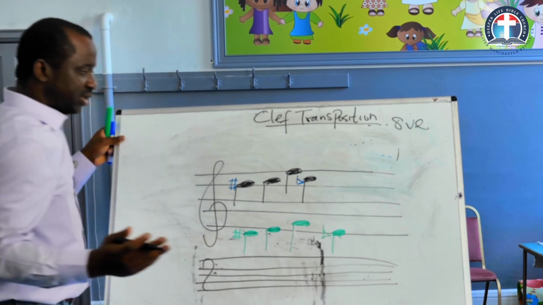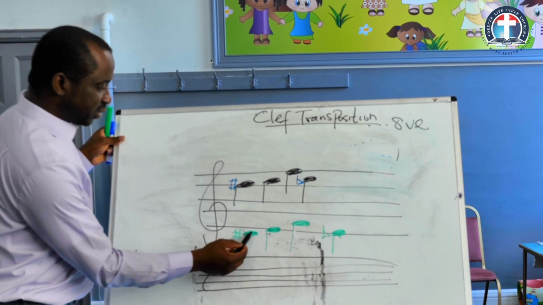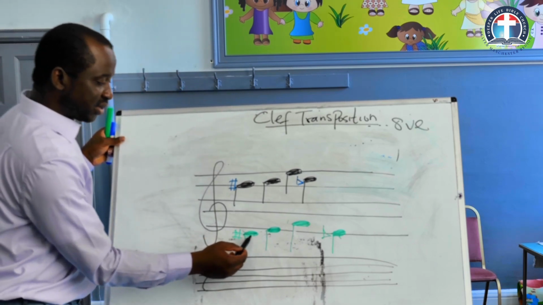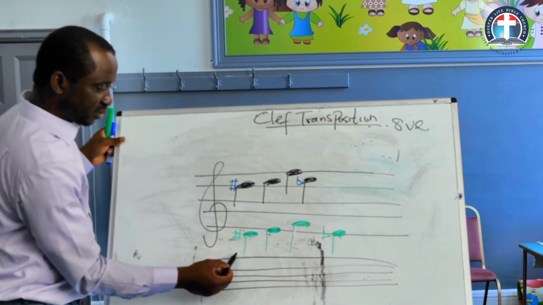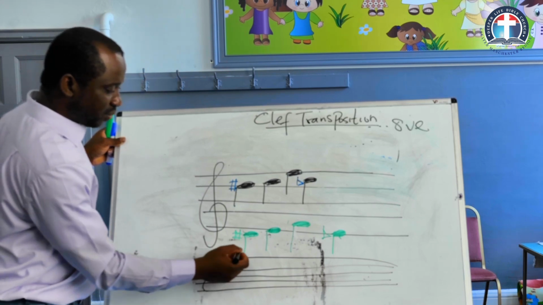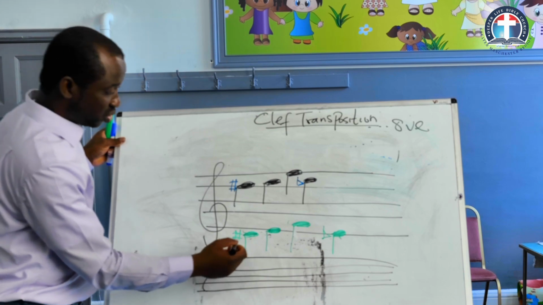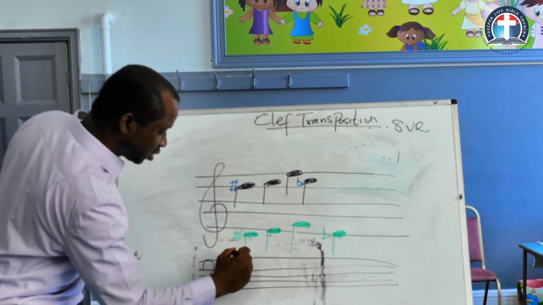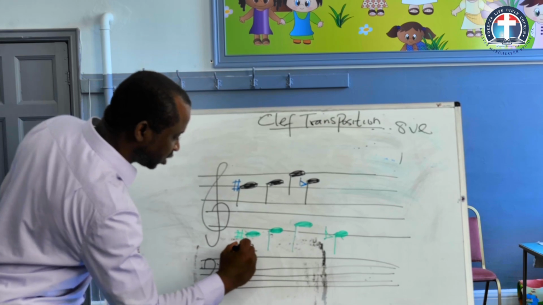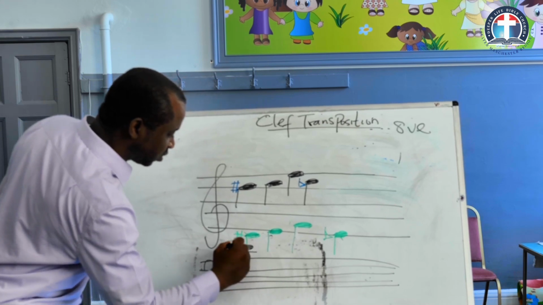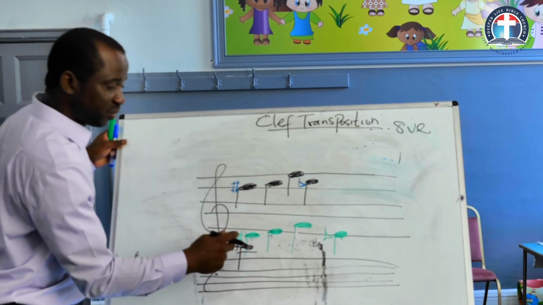So where is this D on the bass clef? I want to put middle C, but you can't just put middle C arbitrarily if there is no note. So this is middle C. This one comes here, right? It's the same, okay?